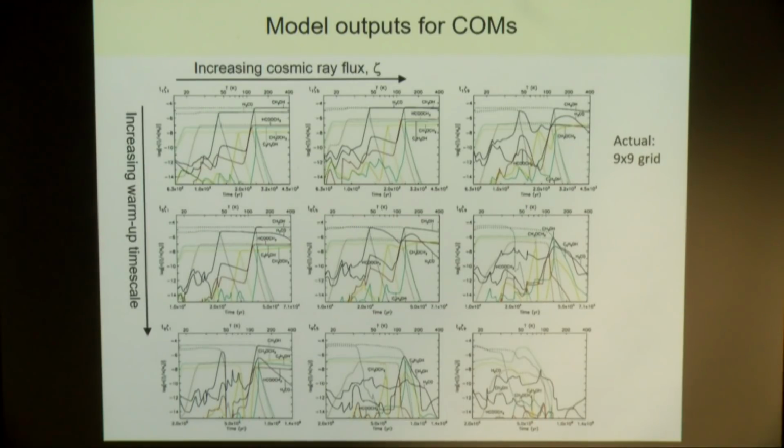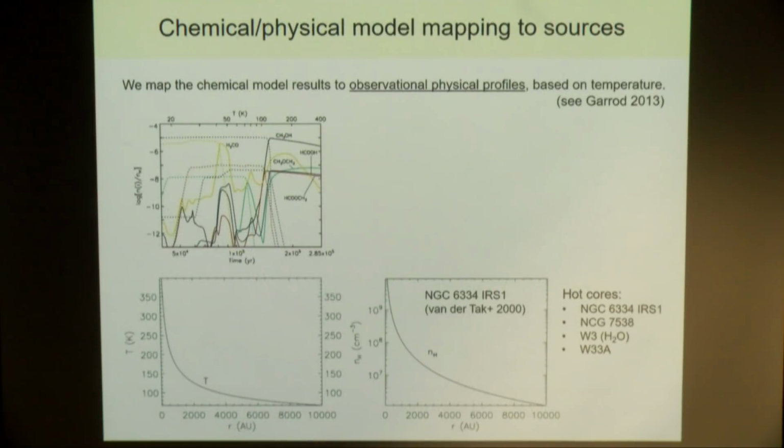Okay, so we have to go a little bit beyond just modeling chemistry, but actually try to put the physical spatial arrangement of these molecules into our treatment as well. So this sort of simple method that we use: we basically take a generic model that we ran out of that grid, and we map it on to a temperature profile that is observed. Okay, so you can take dust temperature profiles from the literature.